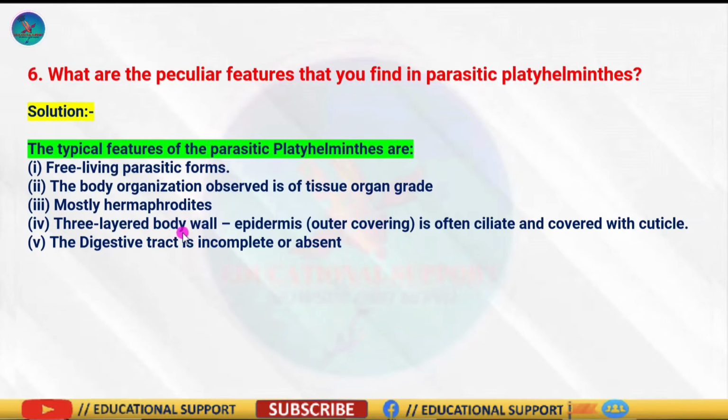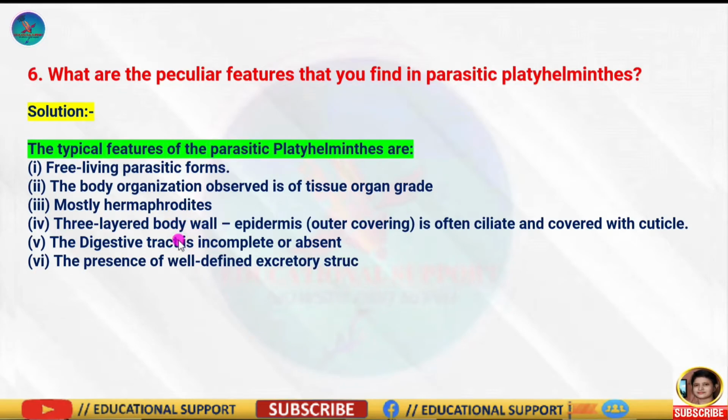Locomotory organs are absent. The genital system is well developed. Largely, platyhelminthes are hermaphrodites. In tapeworms, the nutrients are directly absorbed through the body surface, and hence digestive organs are absent in tapeworms, as a result of which digested and semi-digested food is directly absorbed through the body surface.